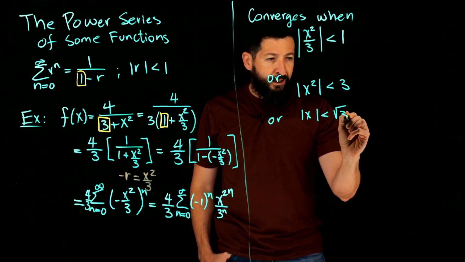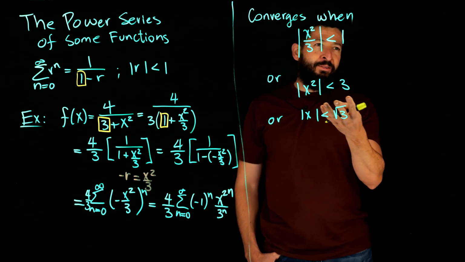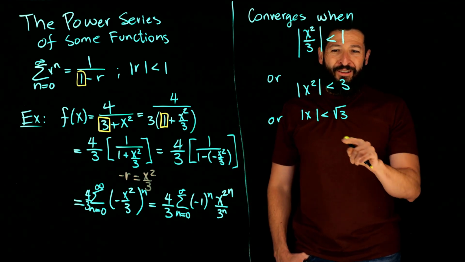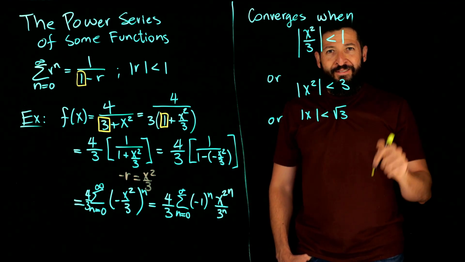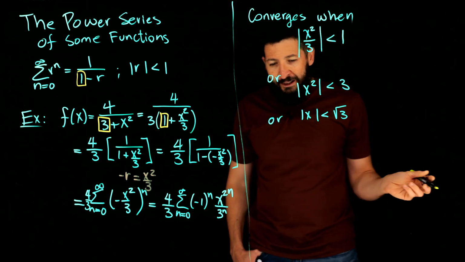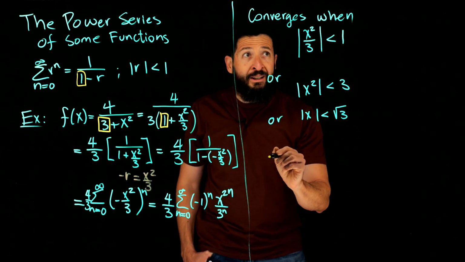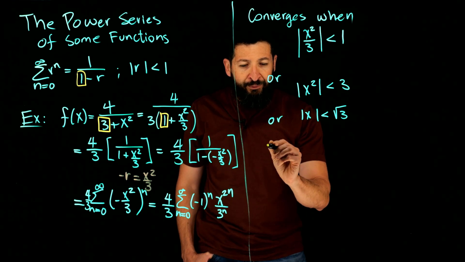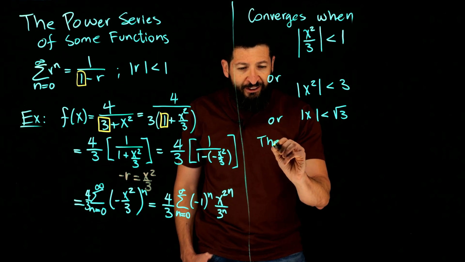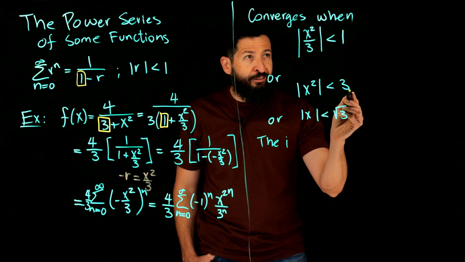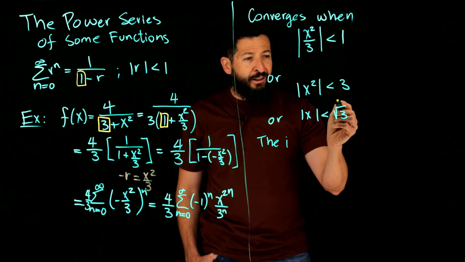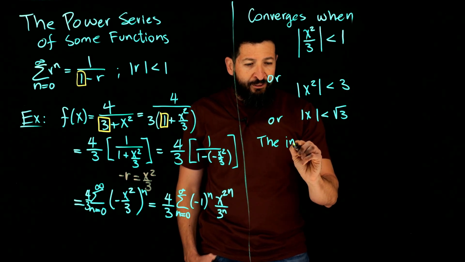And you see, I have symmetry here, I have absolute values, so I got away without having to do plus, minus, and factoring and all that, because I have the absolute value. And then this is going to be given as an interval.